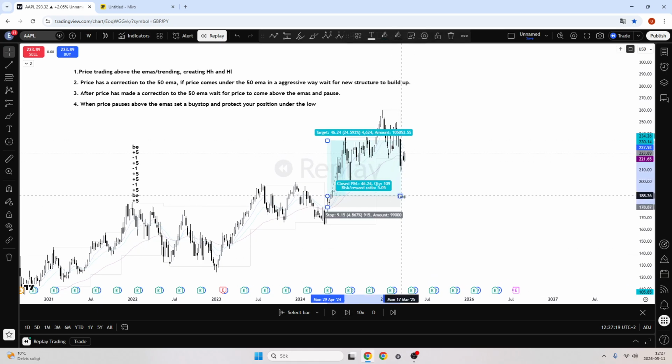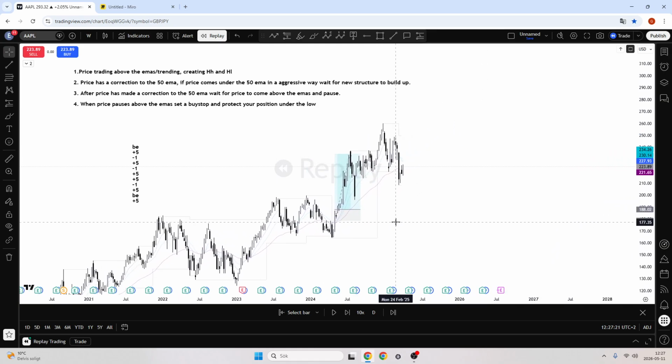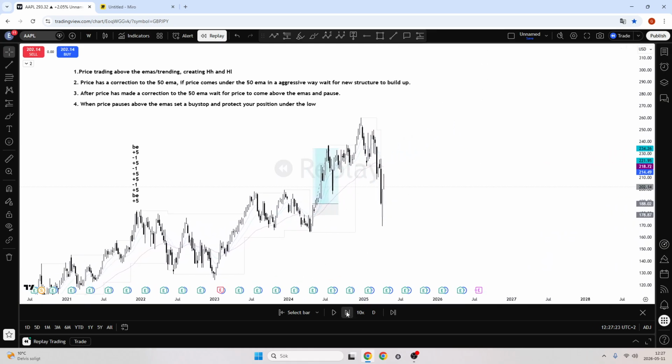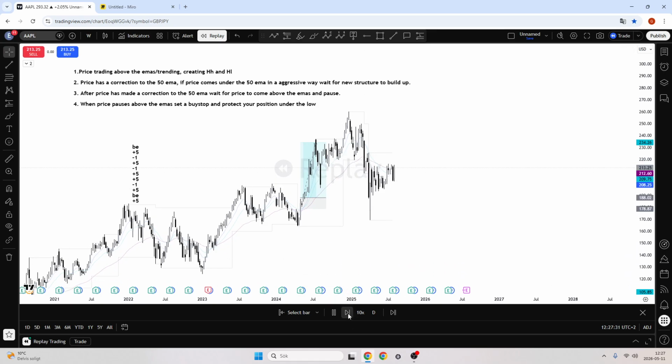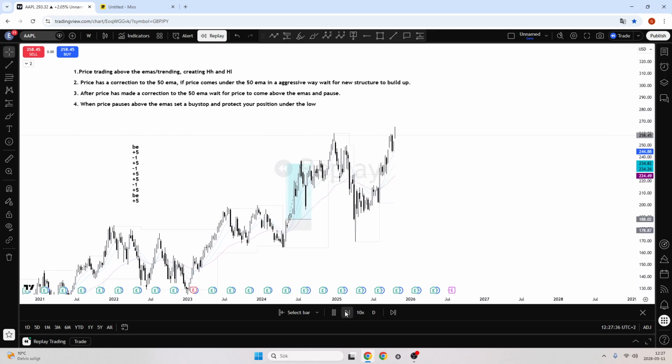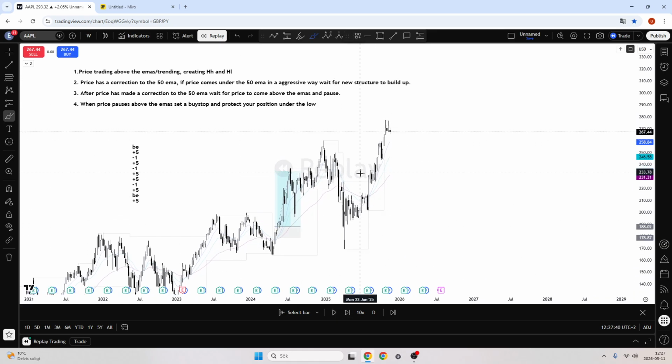Comes down to the 50 MA right here. This completely sells off, as you guys can see. I will just wait for new structure here. And these moments right here are opportunity for you to buy stop.